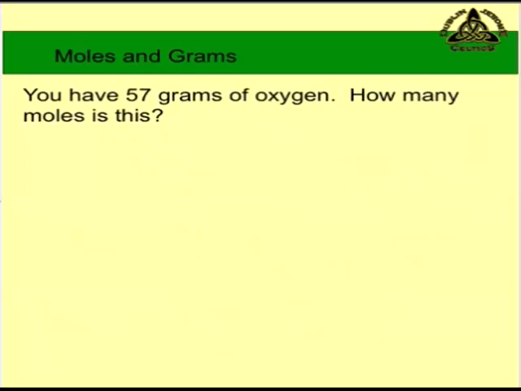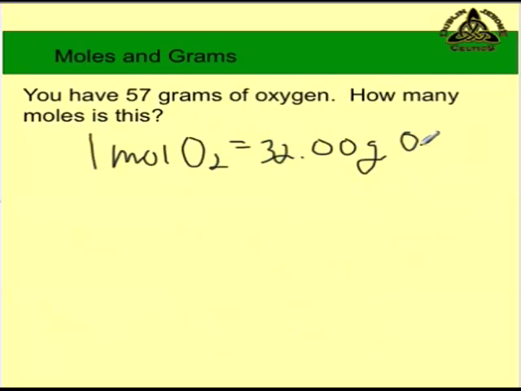Let's practice with another similar kind of question. We have 57 grams of oxygen. We want to know how many moles this is. So let's remind ourselves about the relationship between moles of O2 and grams of O2. 1 mole of O2 is 32.00 grams of O2. Let's write down our number.